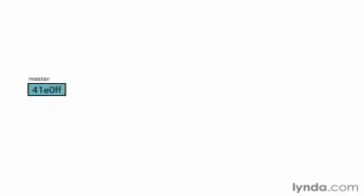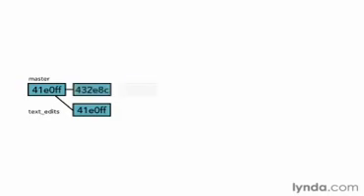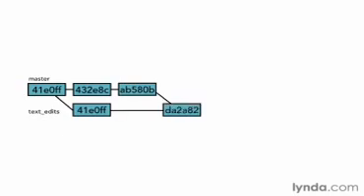So again, we have our master branch, we have our text edits branch, and we're making commits to both of those. So at a certain point though, we say, you know what, master has had some critical changes in it that I'd really like to have in my text edits branch. I can merge those into the text edits branch. Now, my text edits branch is mostly in sync with master again.